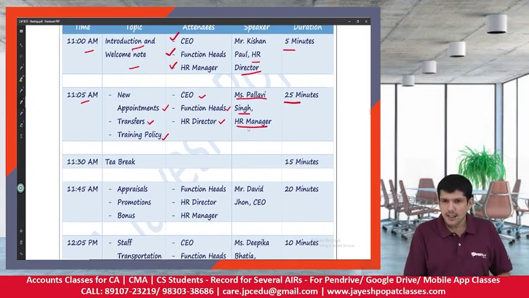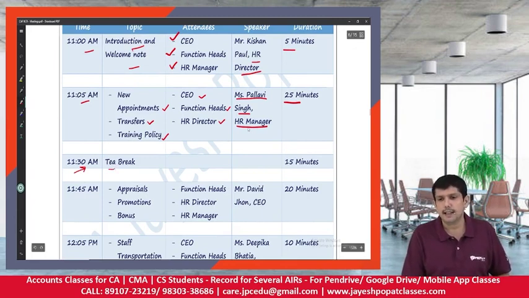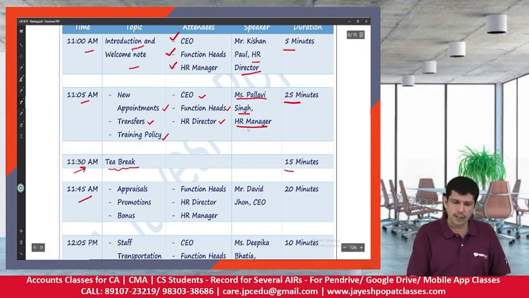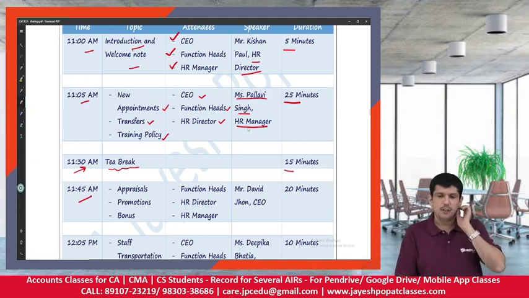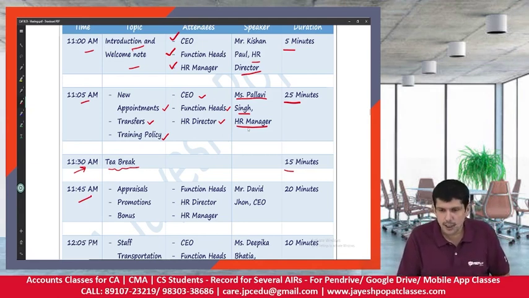Then at 11:30, right, everybody might feel that they need to take a break, so there will be a tea break. And this tea break will last, let's say, for 15 minutes. So 11:30 plus 15, 11:45 a.m. the meeting will resume. Now in the next slot, we will discuss the appraisals.